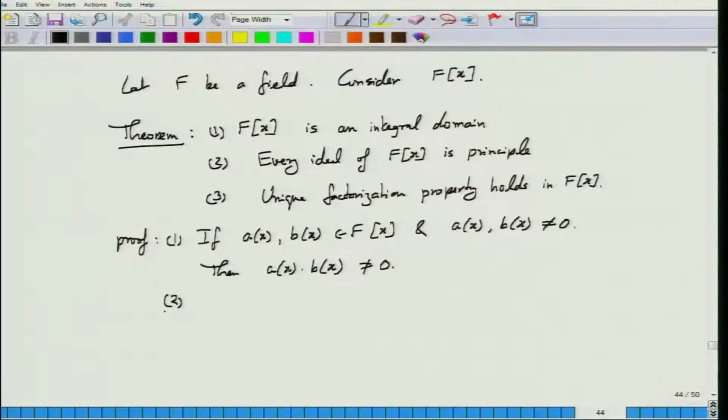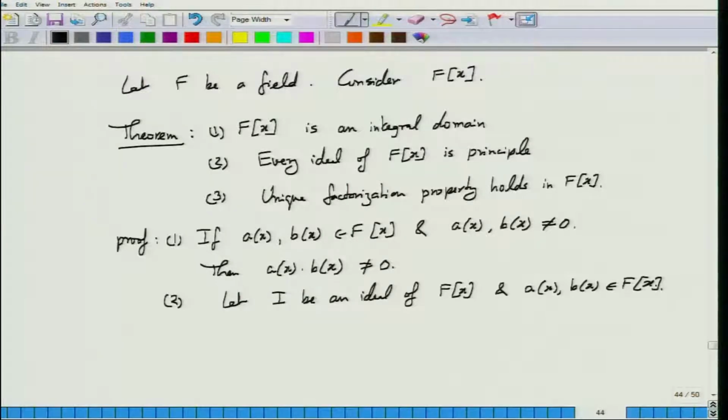The second one: every ideal in F[x] is principal. So take an ideal I of F[x] and take two elements A(x) and B(x) of this ideal.